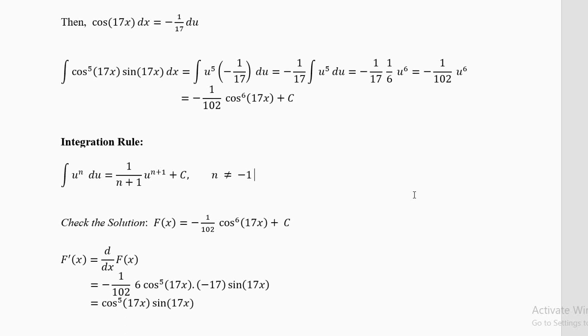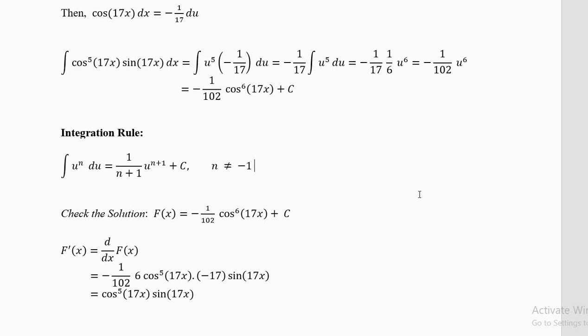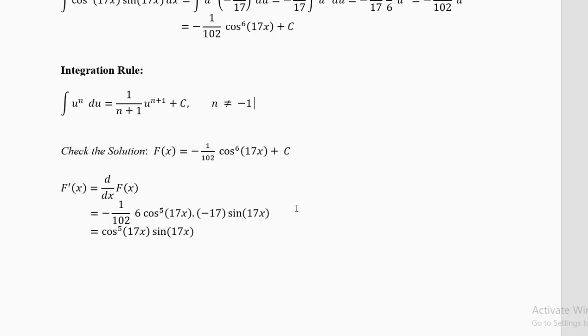Now again the answer can be checked by differentiation. Let's look at the answer in this case. Capital F of x equal to minus 1 over 102 cosine power 6 of argument 17x plus c. Derivative of c is 0. Now minus 1 over 102 is a number, it will come out, you will get 6 into cosine power 6 minus 1, which is cos power 5, and the minus we write here because the derivative of cosine is minus, and what is inside? 17.